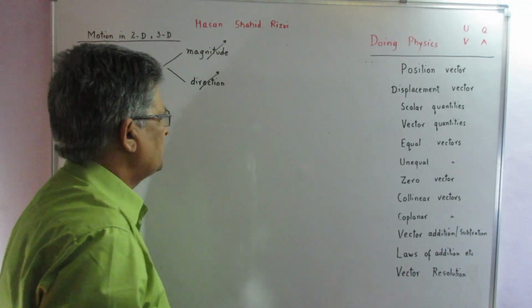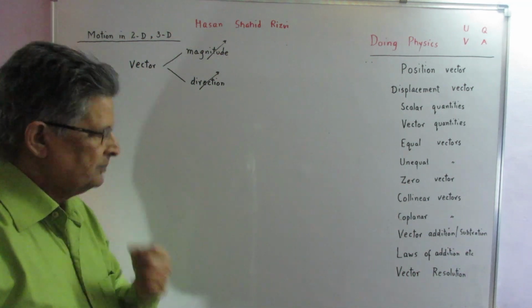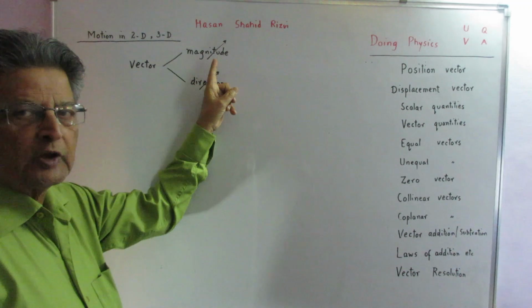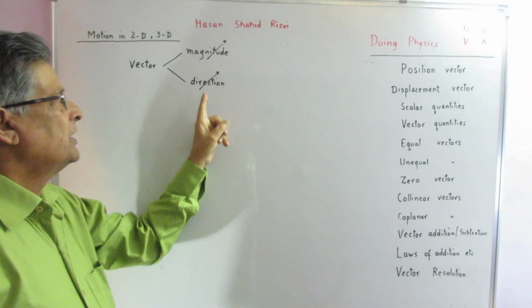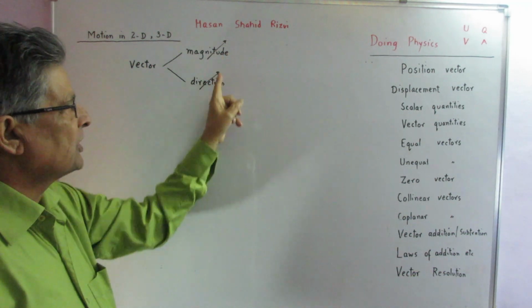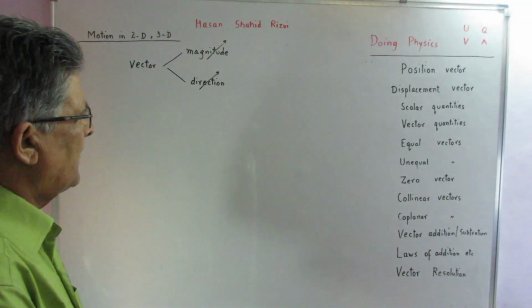So a vector changes in three ways. One, you change the magnitude without changing the direction, you change the direction without changing the magnitude, and you change both of them at one time.